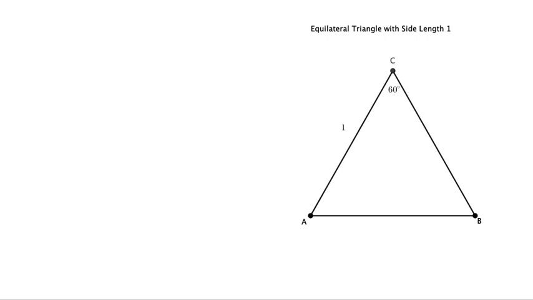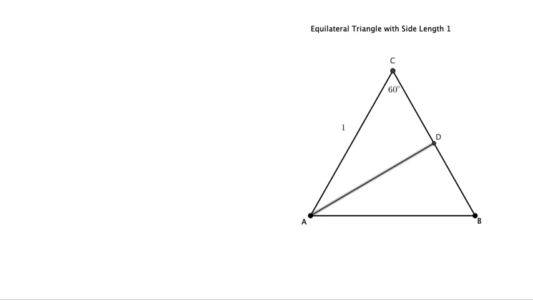Now I'm just going to find the midpoint of line segment CB. So the midpoint of line segment CB is D. And I'm going to connect vertex A with point D, sort of like this.